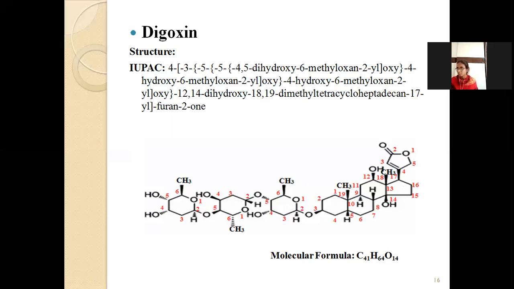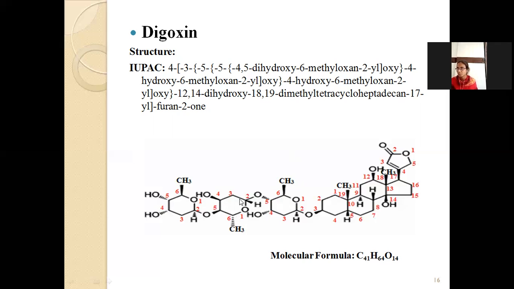For this dimethyl tetracycloheptadecane, in the 17th position it is attached to the furan, and in the third position an oxane structure is there. See here, this is the oxane structure. In the first position oxygen is there, and in the 6th position a methyl group is there. This oxane structure at the 5th position, another, in the 4th position a hydroxy is there, so it is named 4-hydroxy-6-methyl oxane.